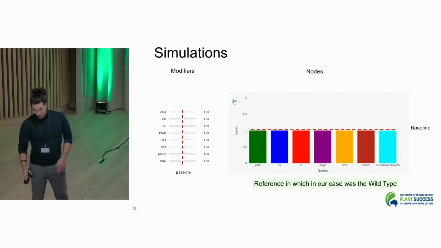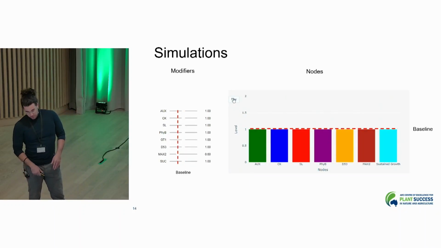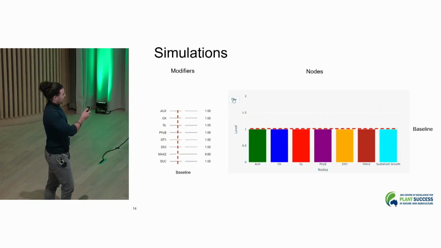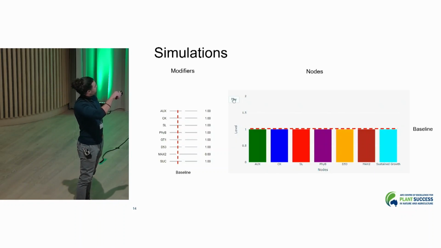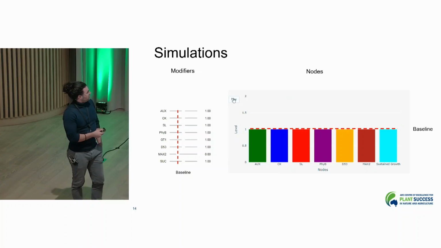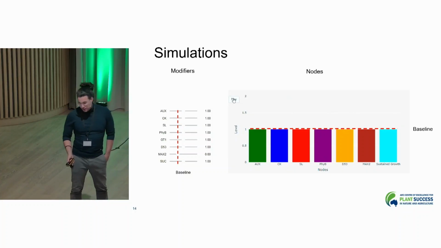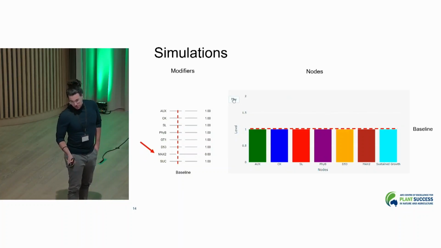But then when you do one perturbation, in that case, as you can see here, we change, for example, the max2 input of the gene, and then all the formulas start changing.